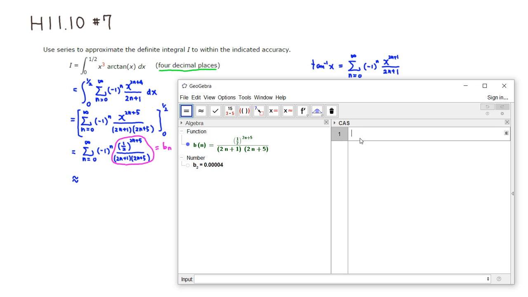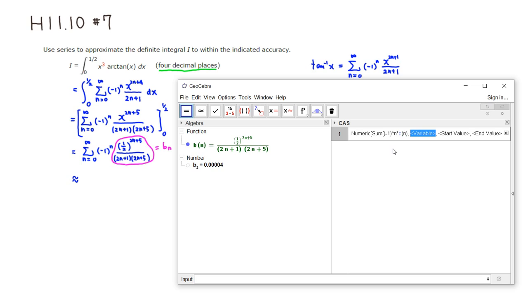First I'm going to say numeric, so that we can get the decimal expression. The expression is going to be sum, and the expression is -1 to the n, because it's an alternating series, multiplied by b of n.